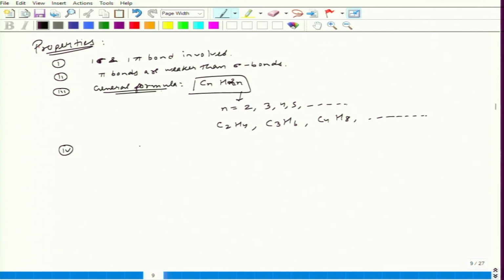Fourth, what we can say is the bond lengths, C single bond C and C double bond C. C single bond C, I have already mentioned in the previous class, is about 154 picometer, whereas C double bond C is 134 picometer.